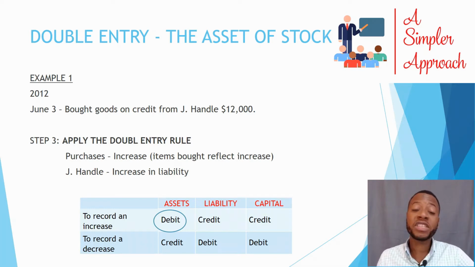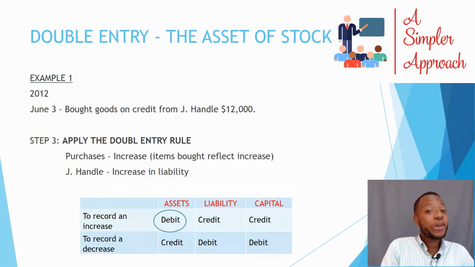When an asset increases, you debit. Remember that stock is an asset, and in addition to that, stock being an asset was bought. So when an asset increases, you debit.